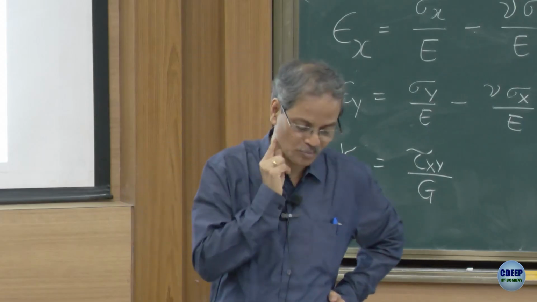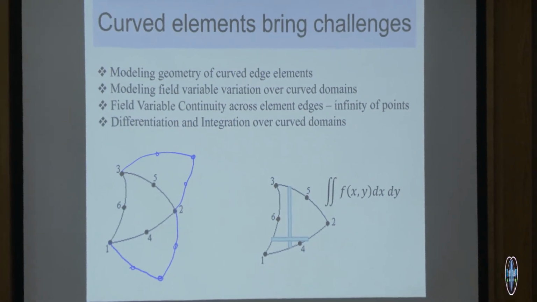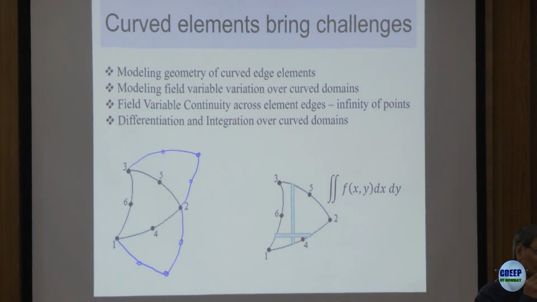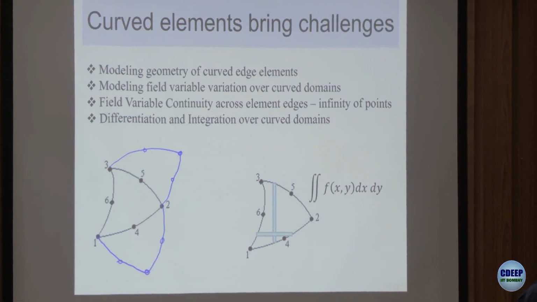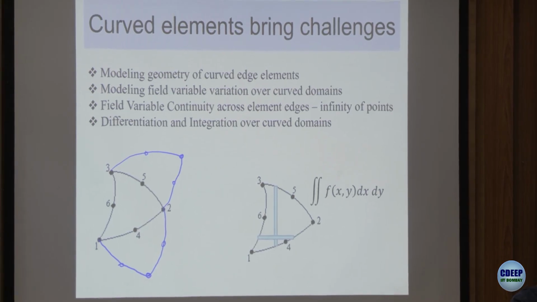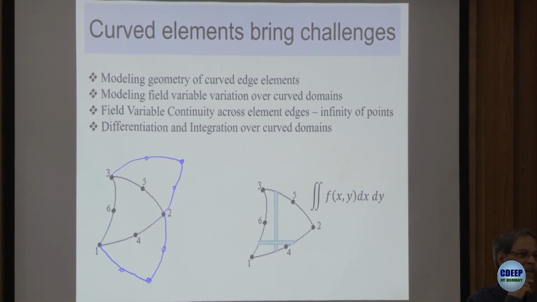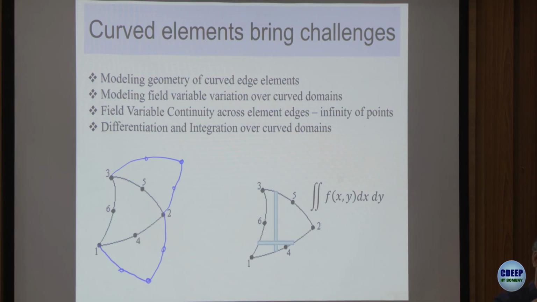The moment you think of curved elements, I have some problems. First of all, I have to model the curved edge. Then the field variable over such curved geometries. Imagine now I have shown in the left side figure 3 curved edge elements meeting.